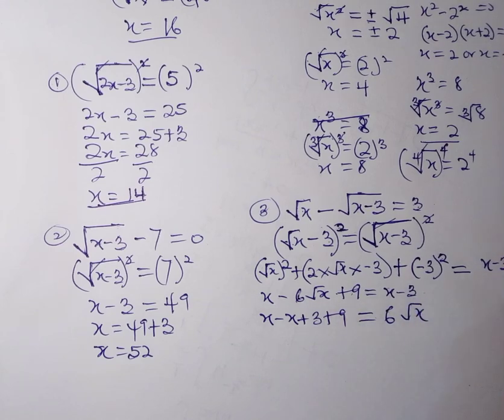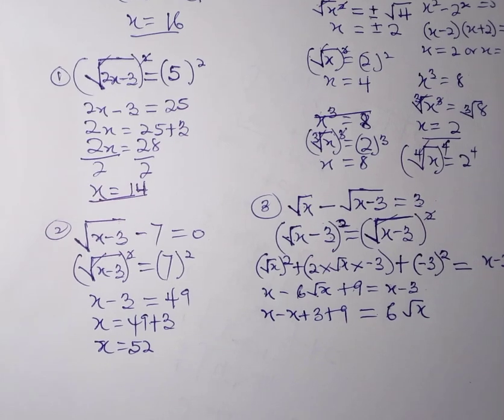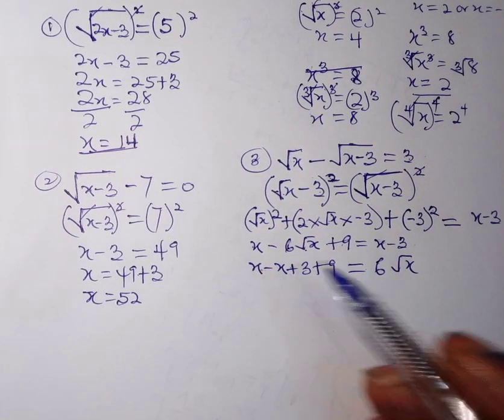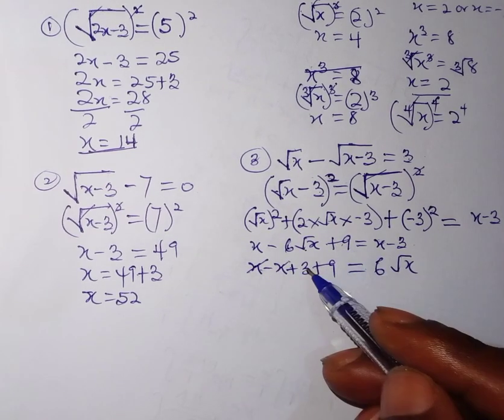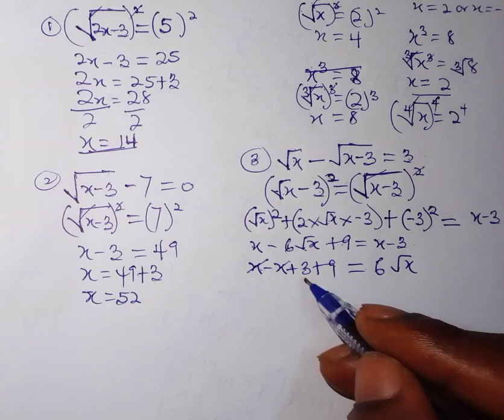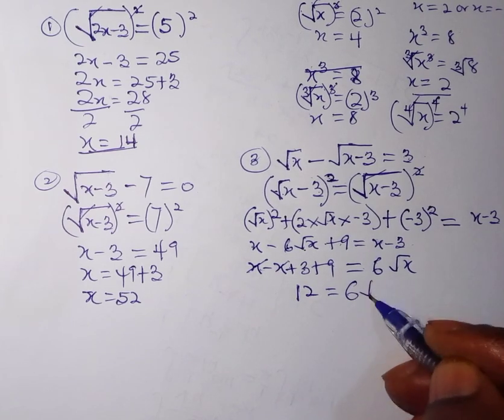Someone can also decide to maintain this 6 and then send the whole of this that side. It will all work. Okay, good. So because we have x here, we have x here, so this one will go. 3 plus 9 gives me 12, which is equal to 6 root x.